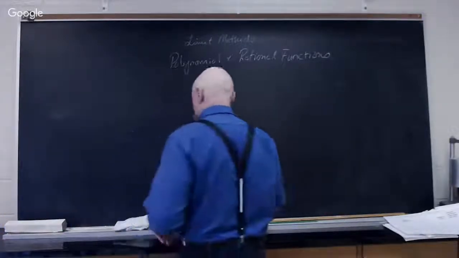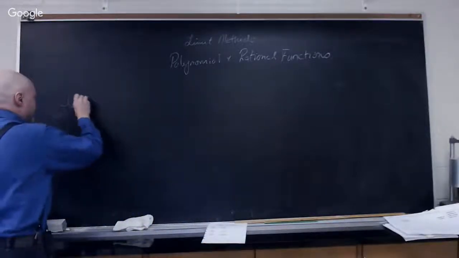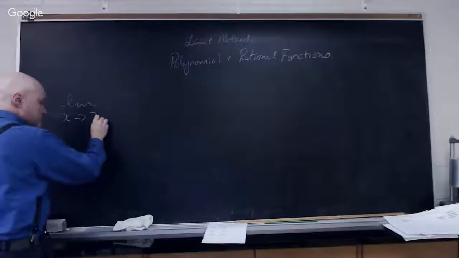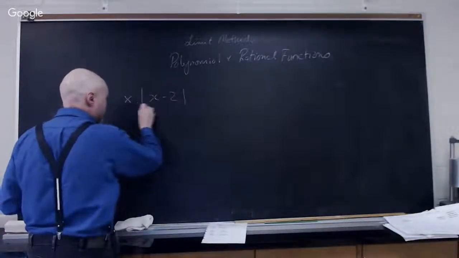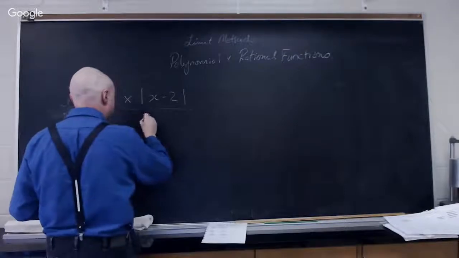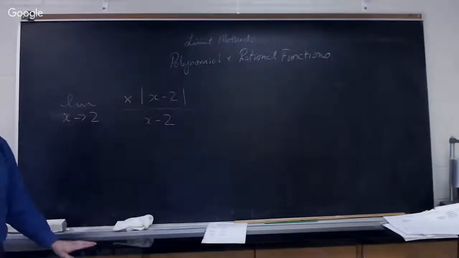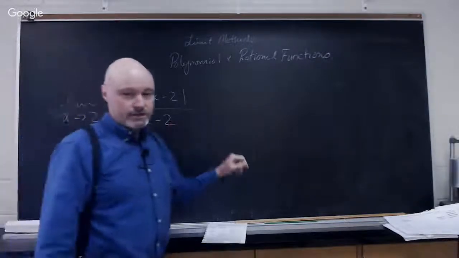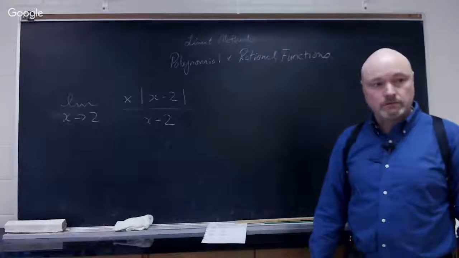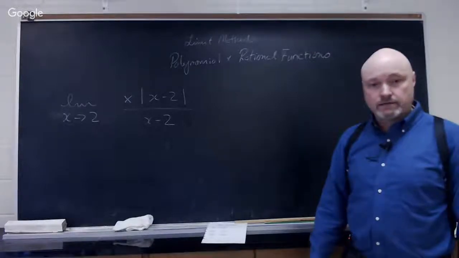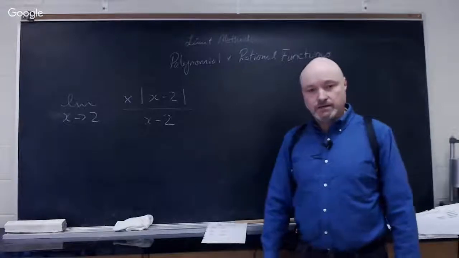All right, let's look at this because this is a little bit interesting. The question is, does this limit exist? If you've done the preamble, you'll see that actually this limit does not exist.